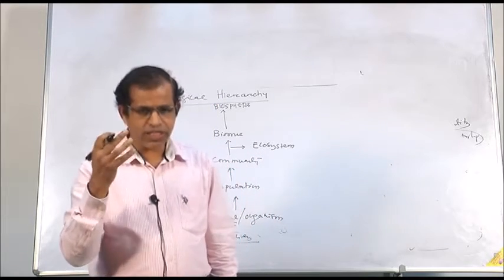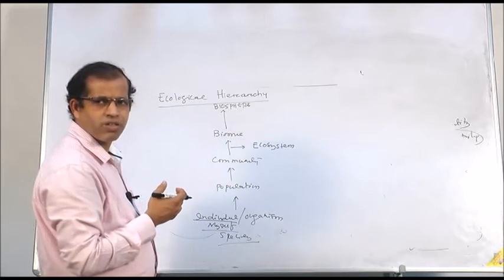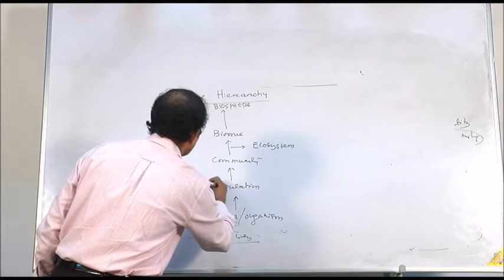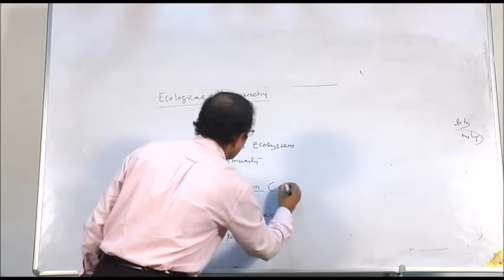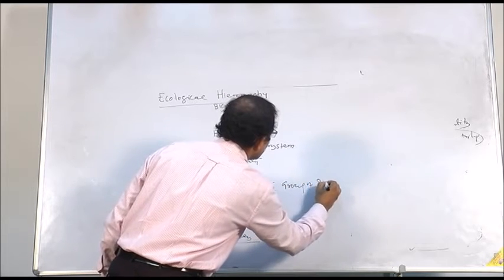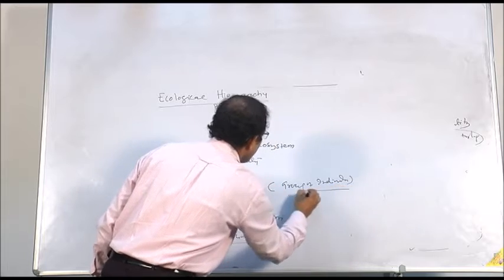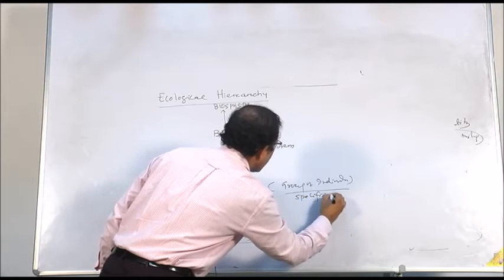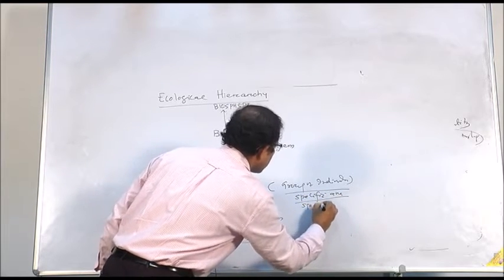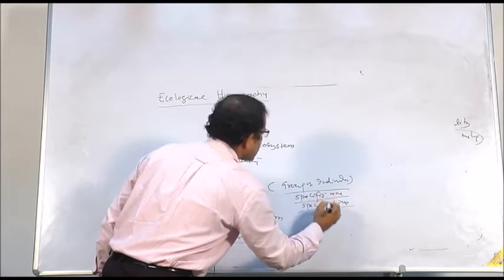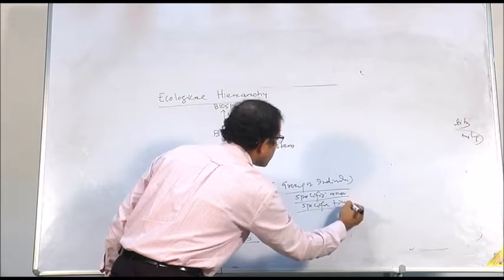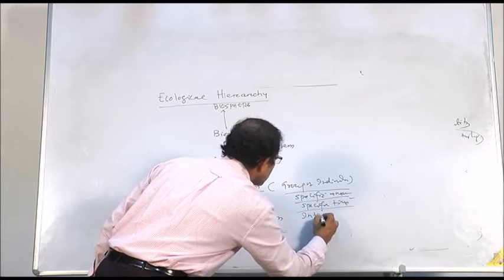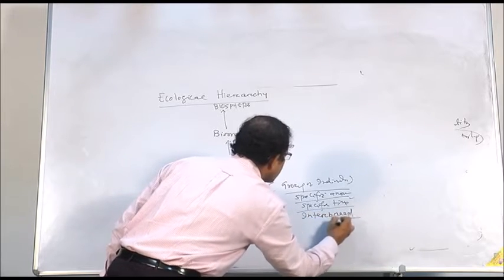When these individuals group together, they form your population. So what is a population? It is a group of individuals residing in a specific area and specific time. What is important is that they should interbreed among themselves.